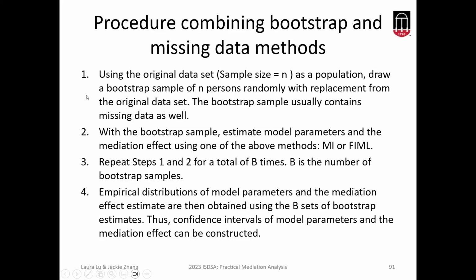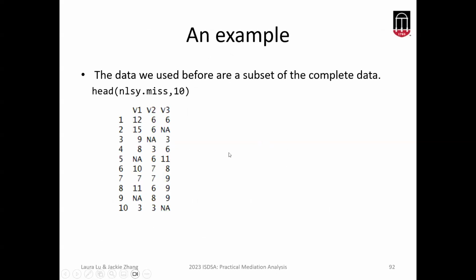Then these two steps are repeated many, many times, B times. Finally, we get the empirical distribution of model parameters, combining the bootstrapping method and the missing data methods.